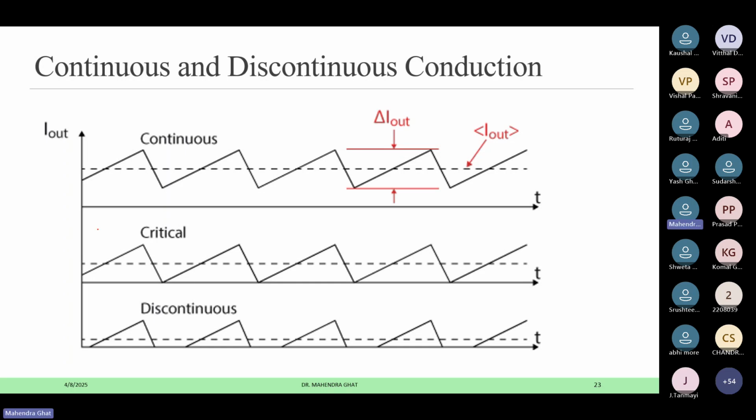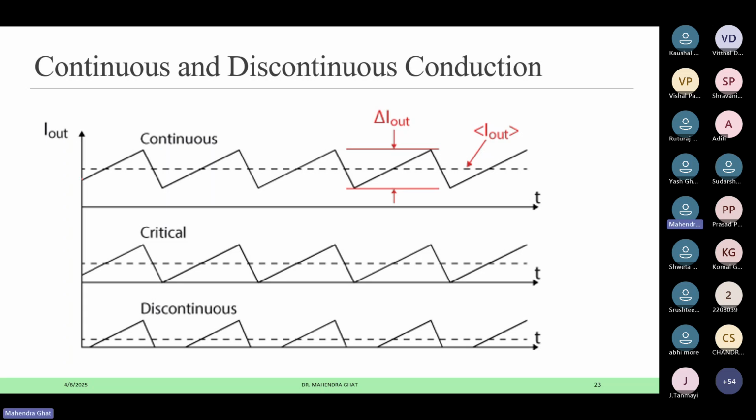With those assumptions we can derive the equations. But before going to the equations, I will introduce continuous and discontinuous conduction, which depends on the inductor current. If the inductor current is always positive and not reaching zero, it is called continuous conduction.